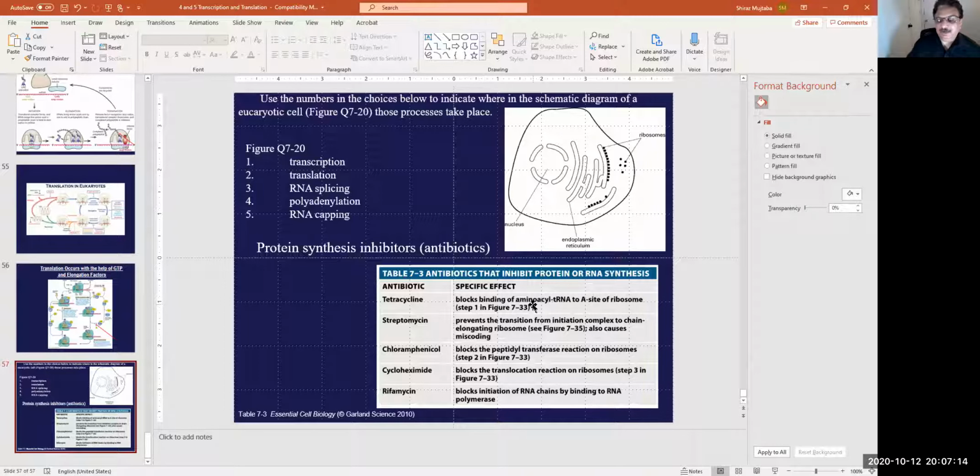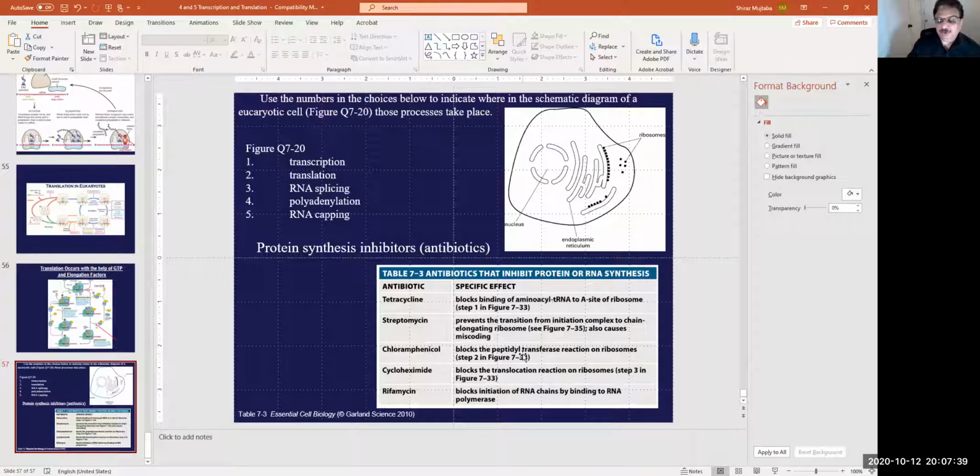So this tRNA cannot bind, due to which the bacteria cannot synthesize proteins, and bacteria will either stop growing or die. Similarly, streptomycin prevents transition from the initiation complex to the elongating ribosome, so it stops the initiation process.